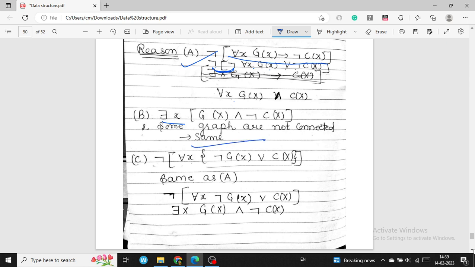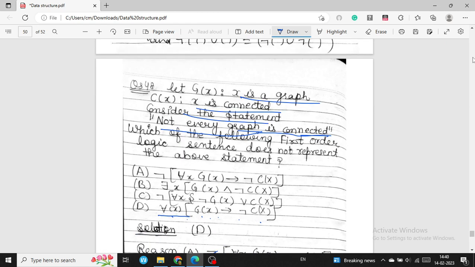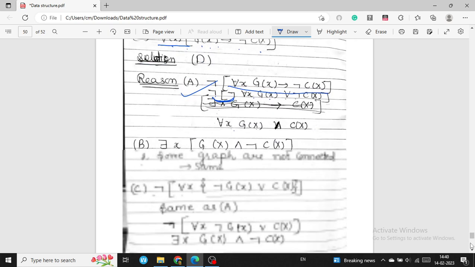It is the same as the first one. So not every graph is connected means there exists some graph which is not connected. So my answer is the last option.